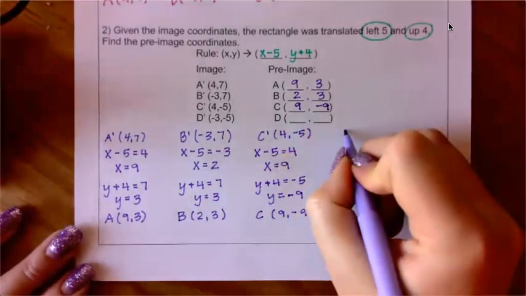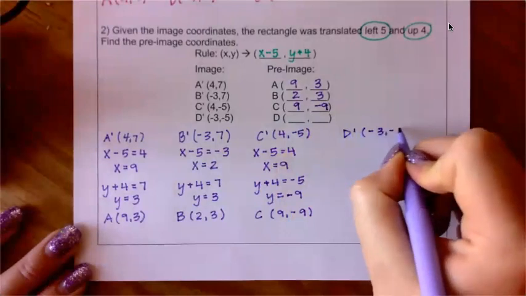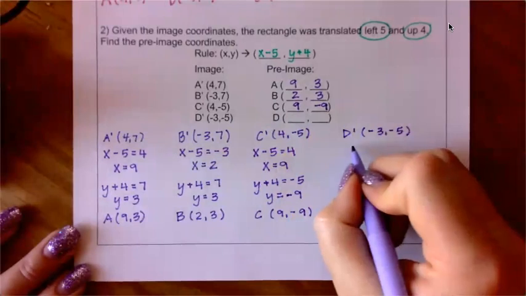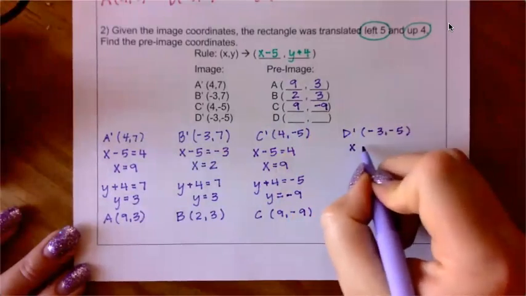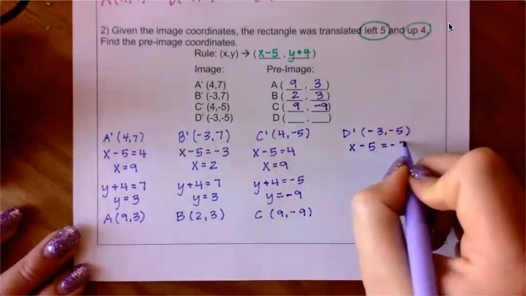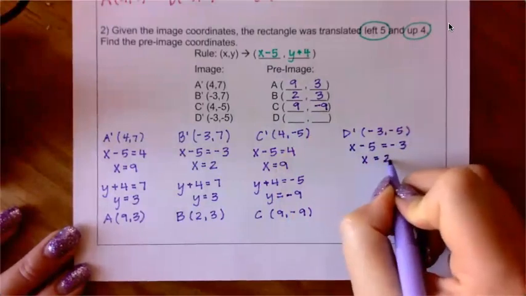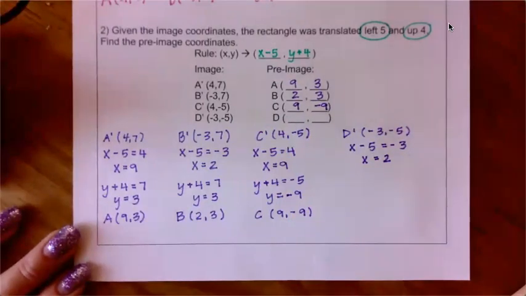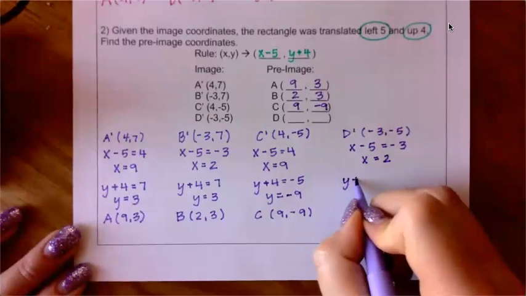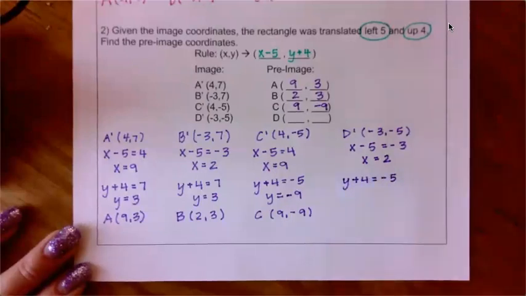Lastly, we have D prime. D prime is at -3, -5. Same thing as we've done with all the other ones. When I took my pre-image value of x and subtracted 5, it equaled -3. Add 5 to both sides, x equals 2. When I took my pre-image y value and added 4, it equaled -5.